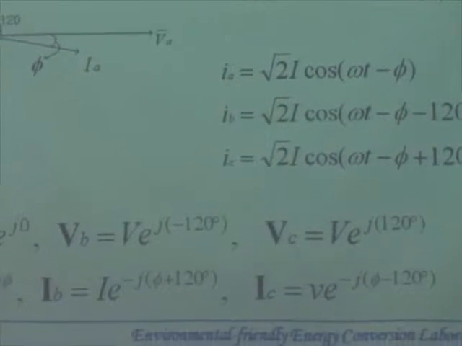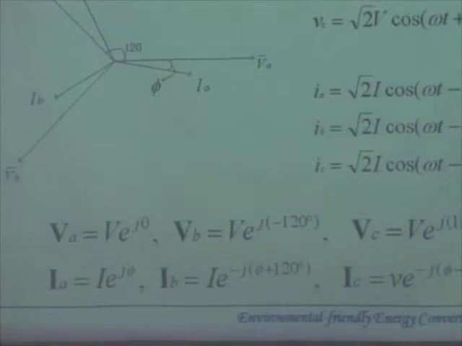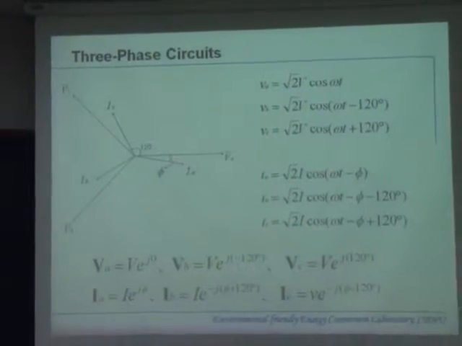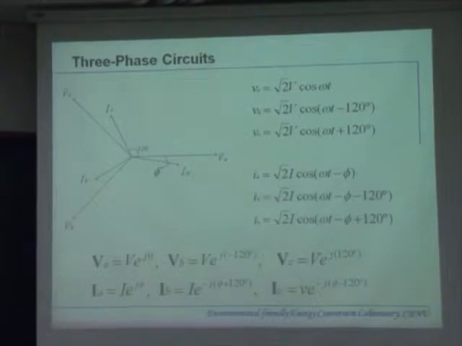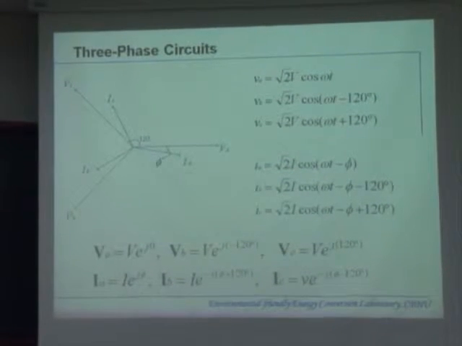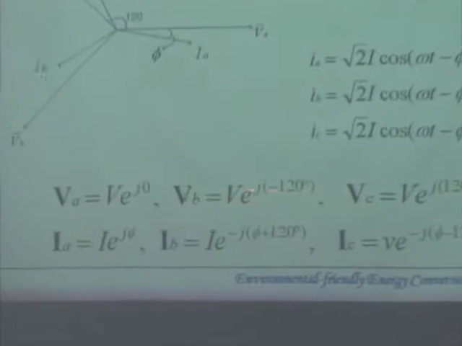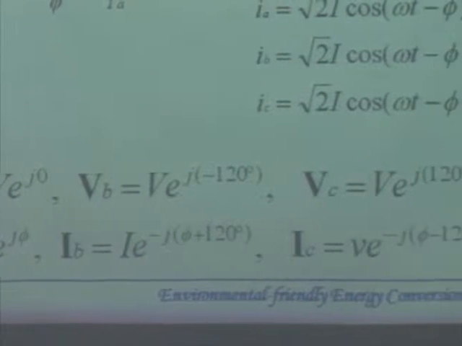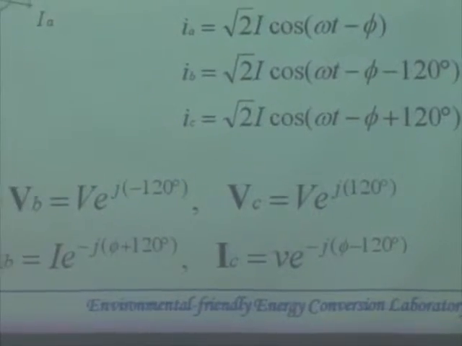So if I tell you one little caveat, if we have an unbalanced system, which means now the amplitude is different or the angle is different, then we will have some kind of ripples.